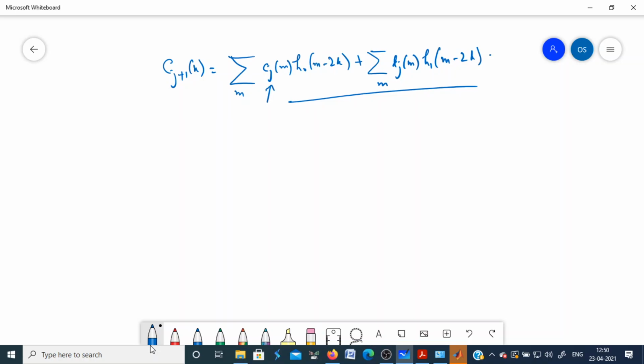So using Cj, that is approximation coefficient at a scale j, and detailed coefficient at a scale j, and using the scaling and the wavelet filters, you can get Cj plus 1 of k.